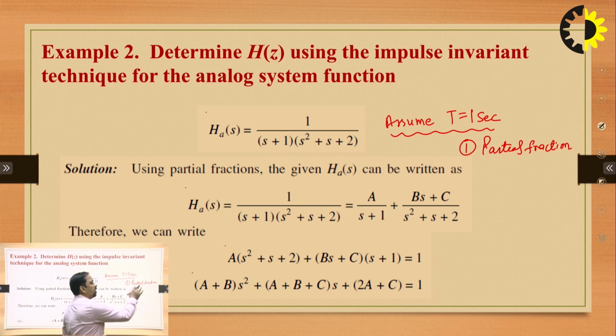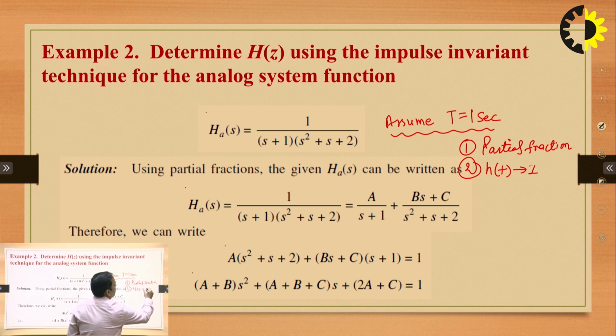We can get those standard forms with the help of the partial fraction. Once the partial fraction is performed, we can calculate h of t by using inverse Laplace transform.